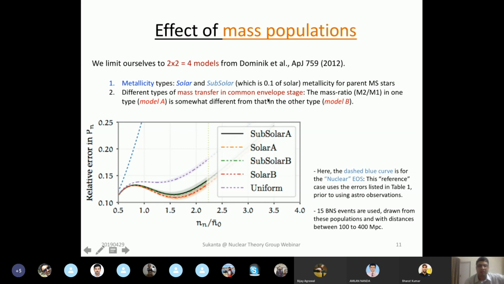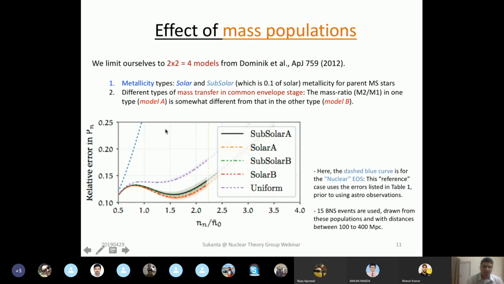Depending on differences in the details of this stage, there are 2 different models, Model A and Model B. One of these models allows for more asymmetric masses, meaning the secondary mass can be relatively less compared to the primary mass M1. In the other one, the 2 masses are more similar.